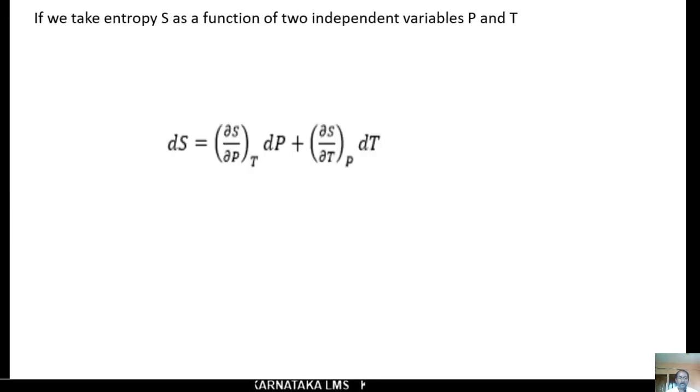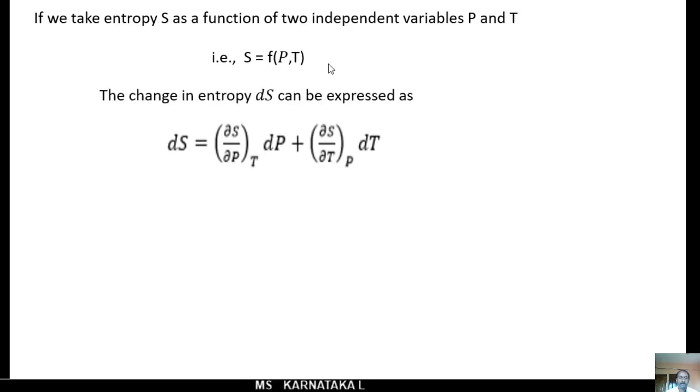If we take entropy, indicated by S, as a function of two independent variables, pressure and temperature, P and T, that is, S equals f of P, T. The entropy is a function of pressure and temperature.